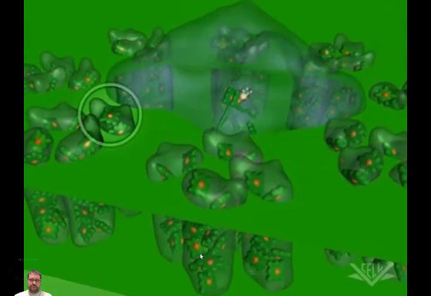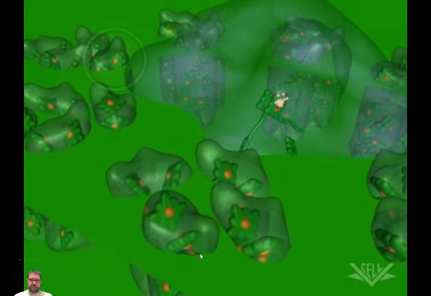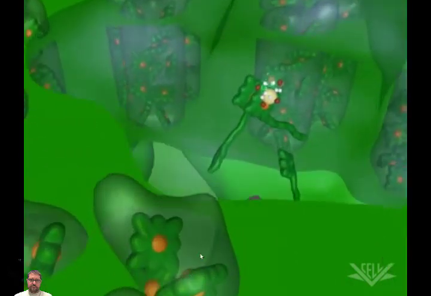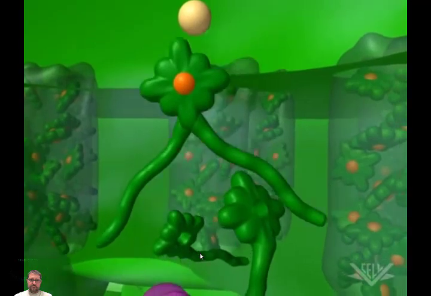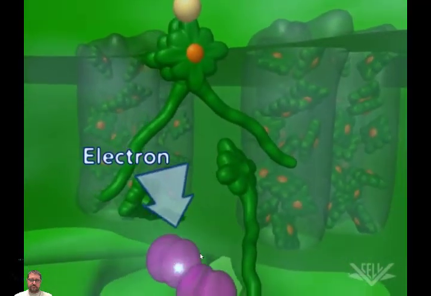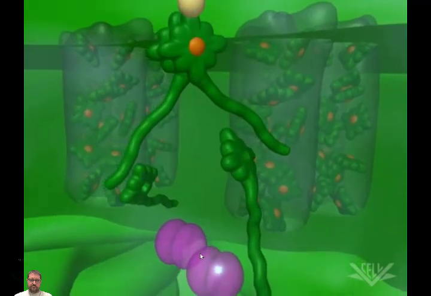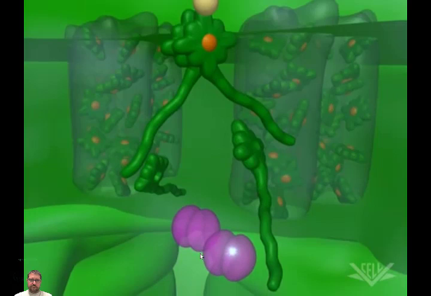This creates resonance energy that is transferred through neighboring chlorophyll molecules. When this energy reaches the reaction center embedded in photosystem II, an electron is released. The reaction center chlorophyll contains electrons that can be transferred when excited. One photon is needed to excite each of the electrons in this chlorophyll.